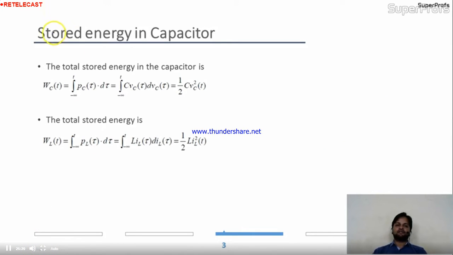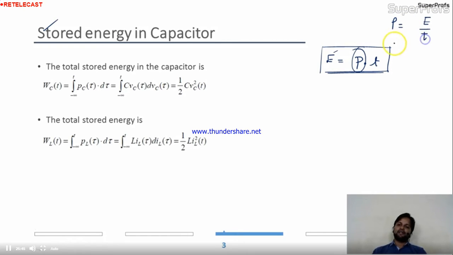Now come to the stored energy. This is a very important part. The total stored energy in the capacitor. Now, what is the energy? Energy is nothing but P into t actually. Power multiplied with time is nothing but the energy. The rate of change of energy is nothing but power. That's the definition of power.